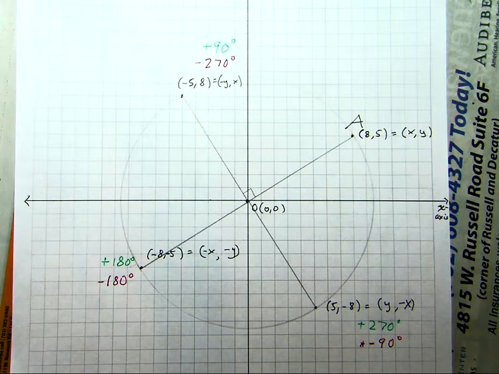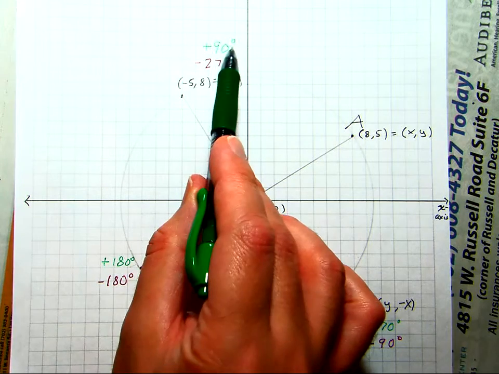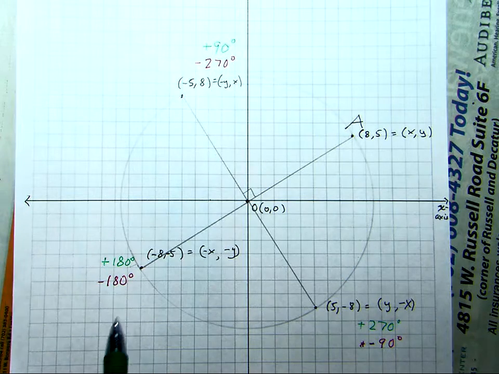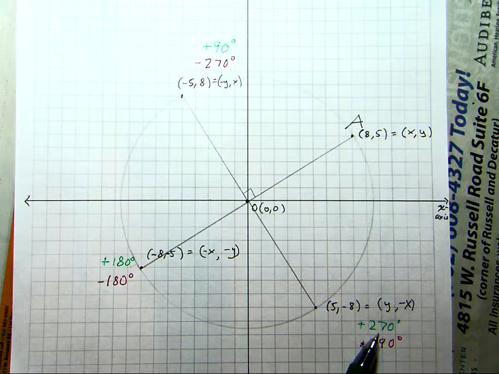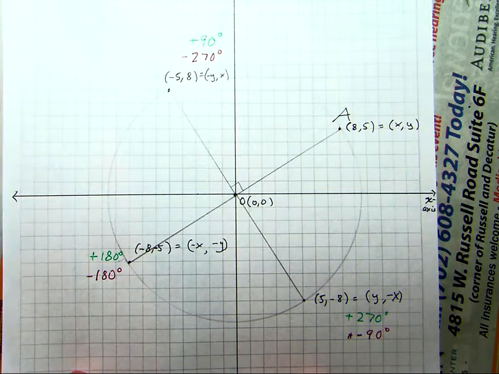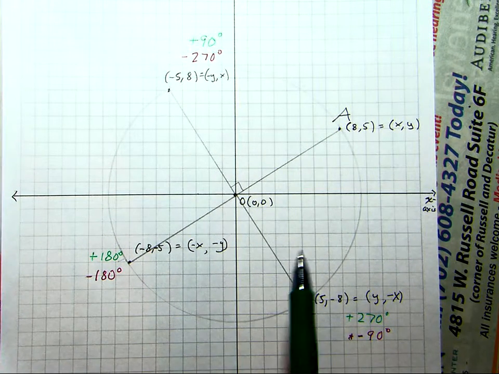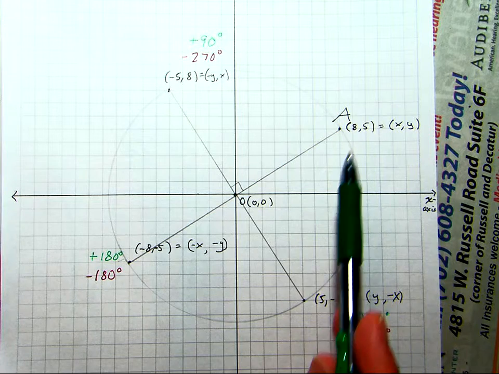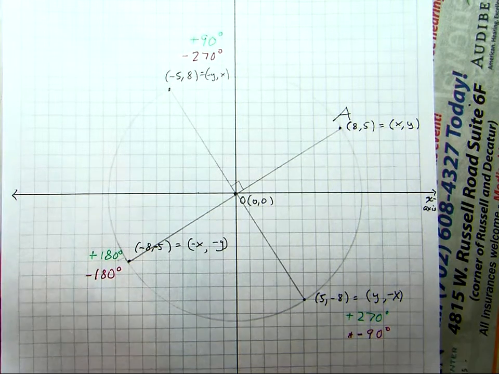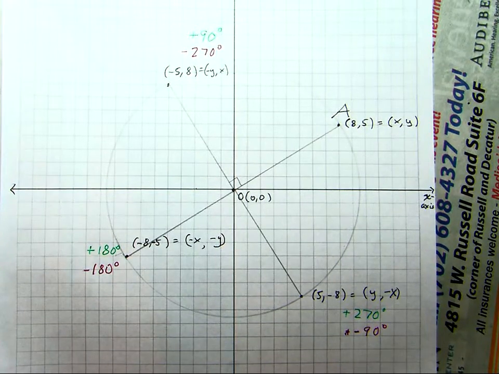So when we say positive 90 degree, we could have just said negative 270. It means the same thing. Positive 180 and negative 180 mean the same thing here, and positive 270 and negative 90 mean the same thing here. Notice that the positive 270 degree rotation takes the point 8, 5 and brings it to the point 5, negative 8.